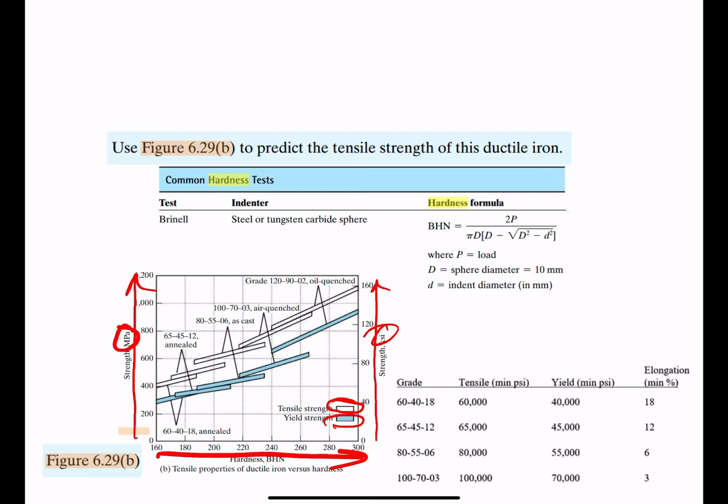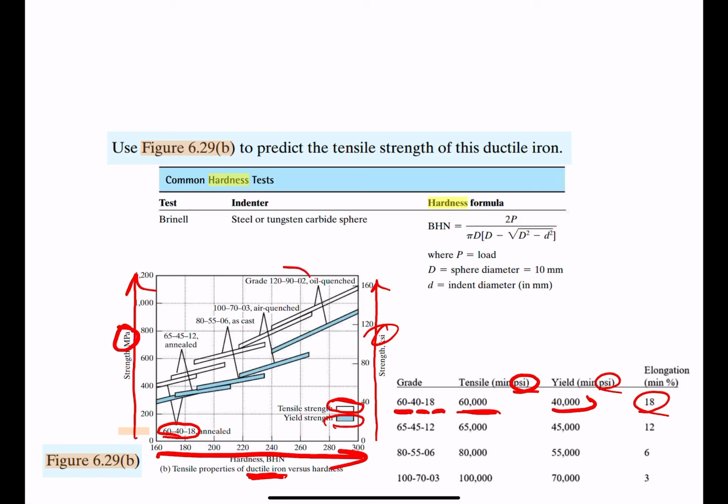This ductile iron with the complex name 60-40-18 annealed has been characterized to have a tensile strength of 60,000 PSI, a yield point of 40,000 PSI, and an elongation of 18% at the break point. So that's where the name comes from, 60-40-18.